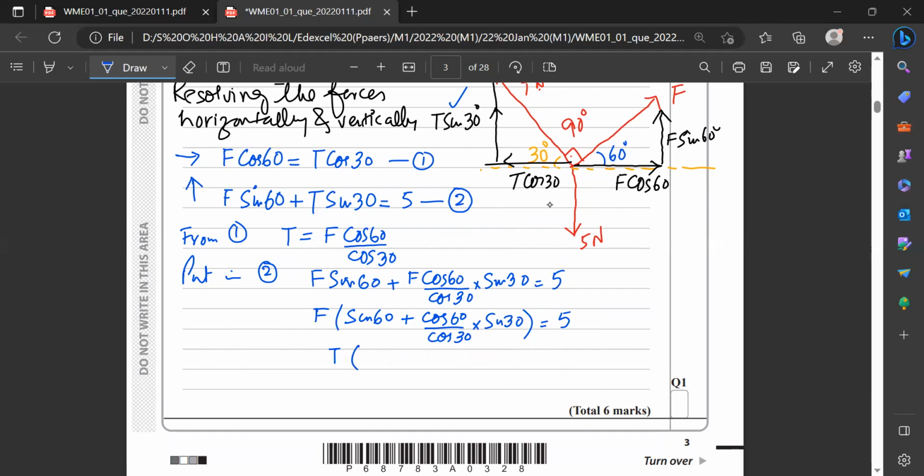This answer is coming as 2 root 3 upon 3 is equal to 5.